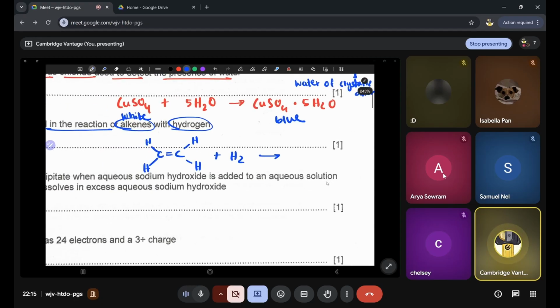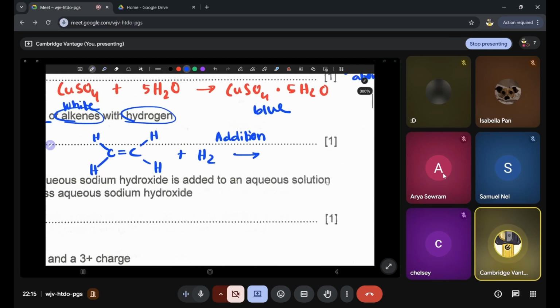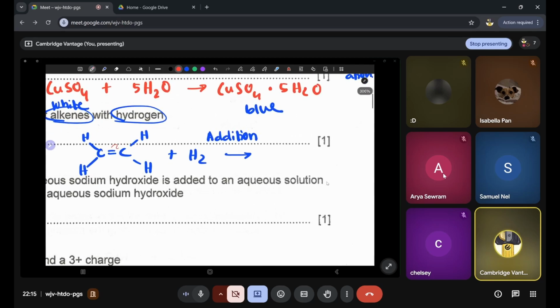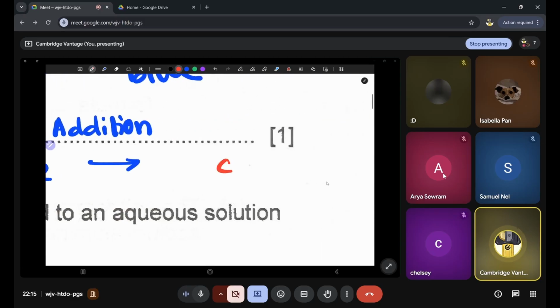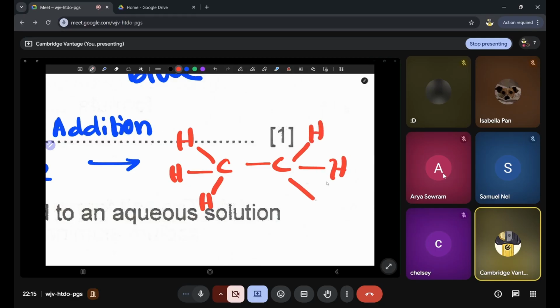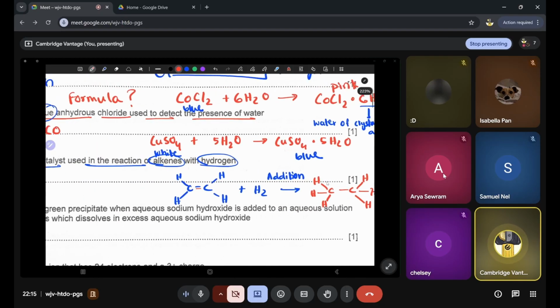The type of reaction for this one is addition. And what is going to happen is the double bond is going to break and two hydrogens are going to get attached to your alkene. So at the end, the product that we will have is an alkane. So this is the reaction that's happening over here.